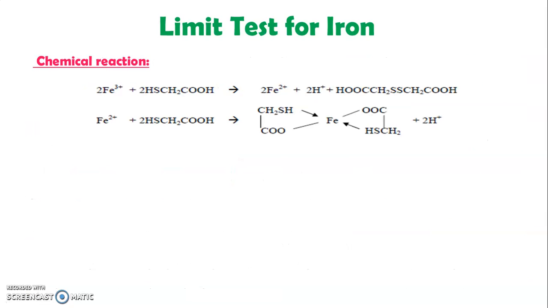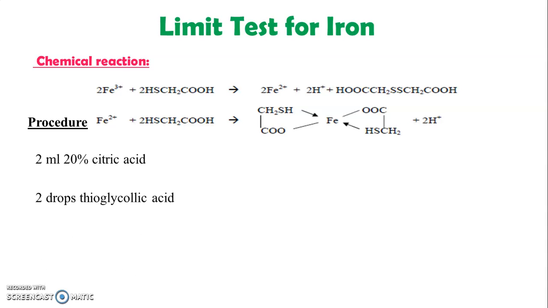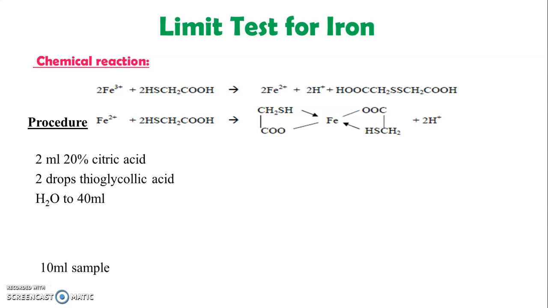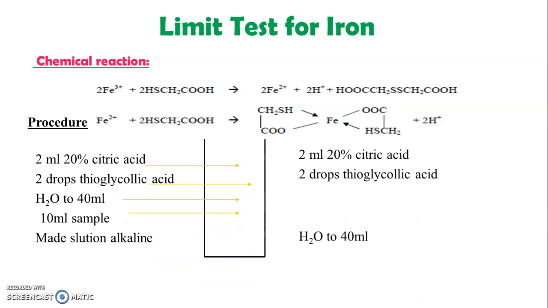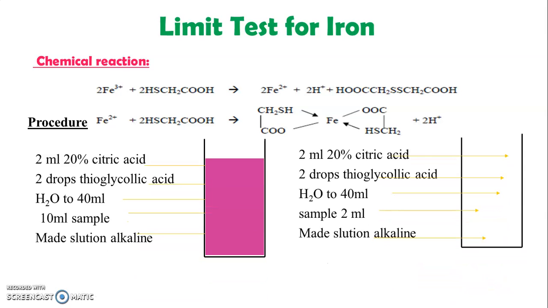Now look at the chemical reaction. Soluble iron reacts with thioglycolic acid and gives the formation of an iron thioglycolate complex, which shows a reddish violet color. So this is the simple procedure we have to follow. This type of pink or violet color is developed in the iron limit test.